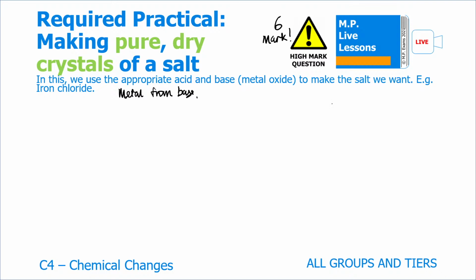And if we remember, the metal comes from the base, and the non-metal from the acid. Now, before we start the general method, we'll need to identify the chemicals that we need. So the metal comes from the base, and usually we want to use an insoluble base.